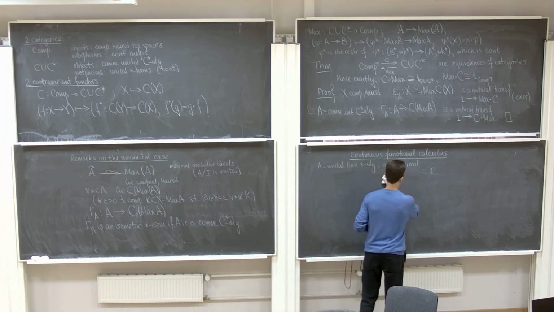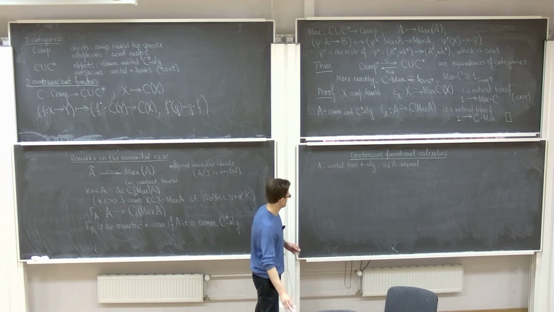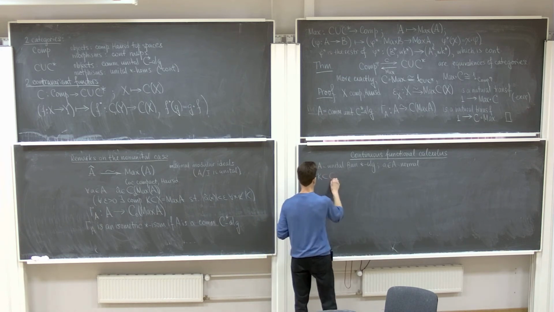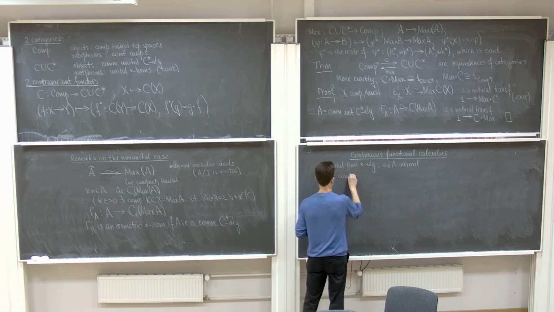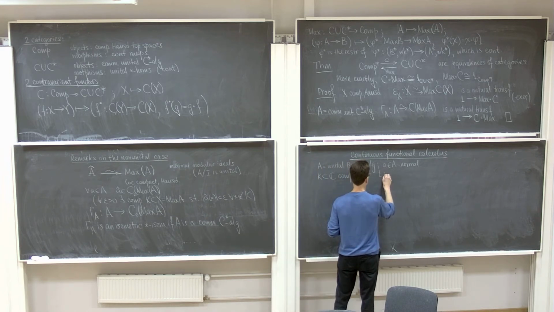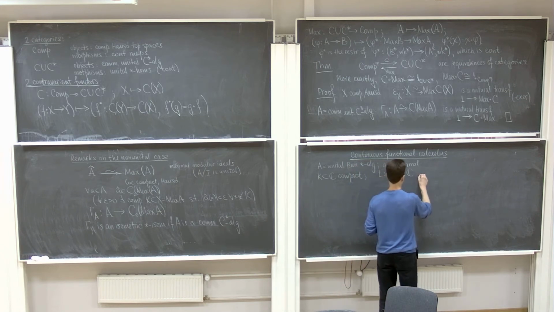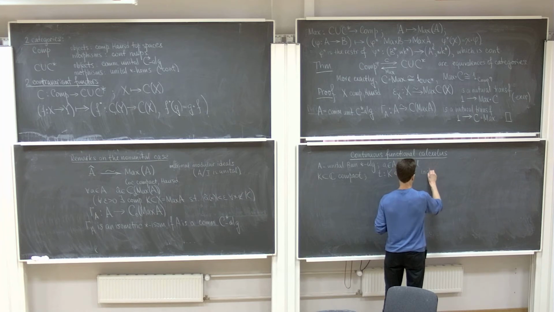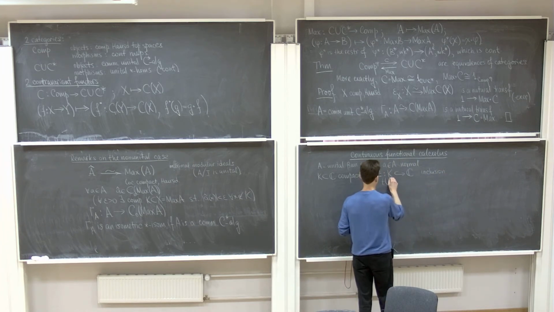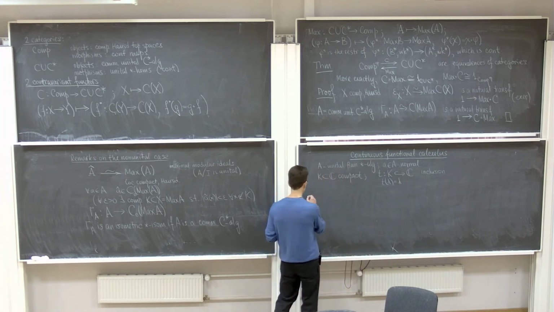Okay, so we start with a normal element. Suppose that K is a compact subset of the complex plane. And let little t denote the inclusion map of K into the complex plane, t of lambda is lambda. And we give the following definition.